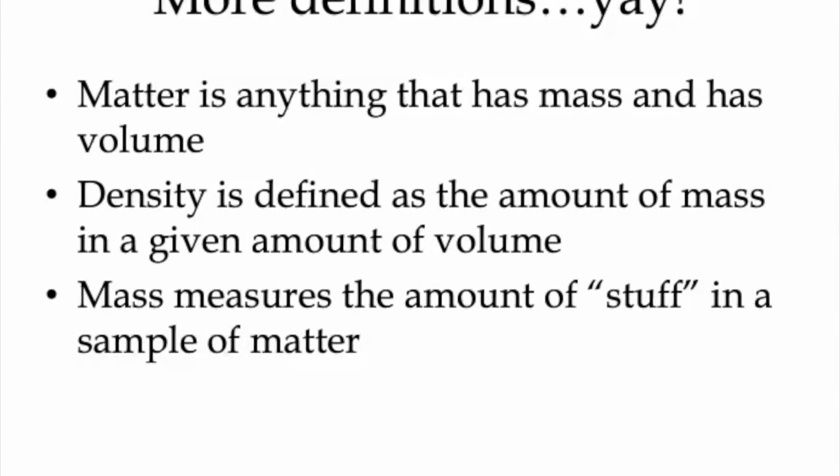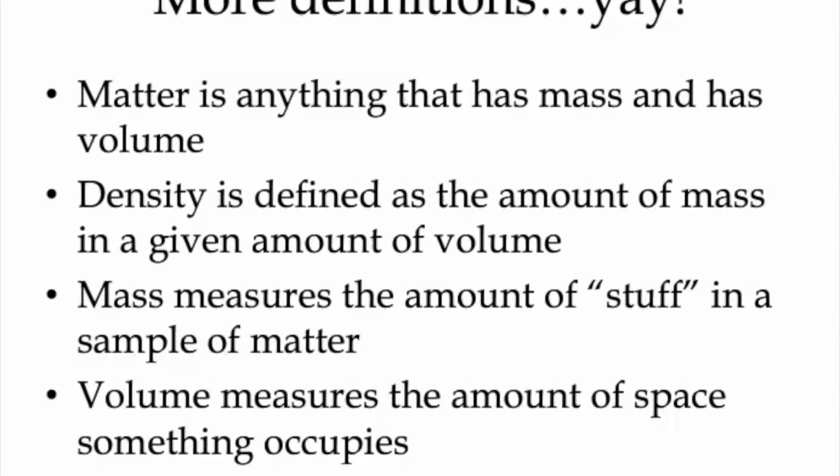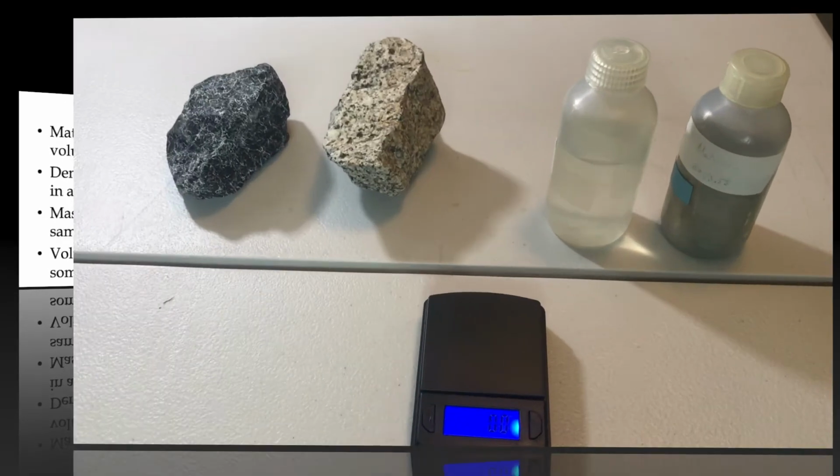I'm going to leave it at that until we talk a little bit about atomic structure, and you can see what the stuff is that I'm talking about in a given sample of matter. And then, of course, you're probably not going to be surprised that volume measures the amount of space that something occupies. In other words, I have a bigger volume than one of my kids, for instance.